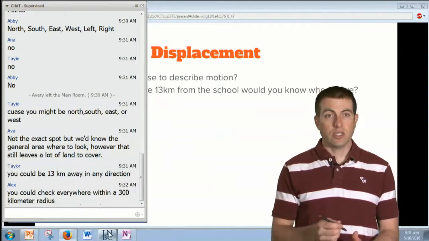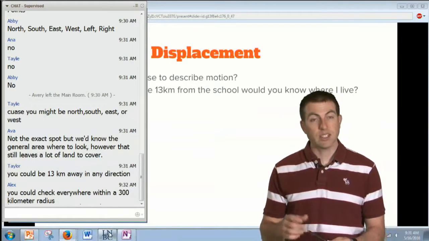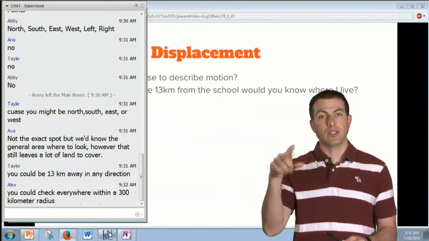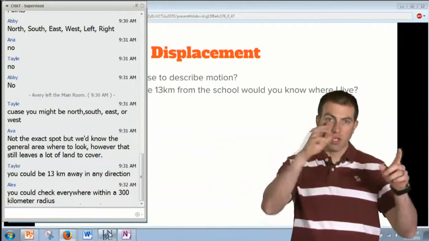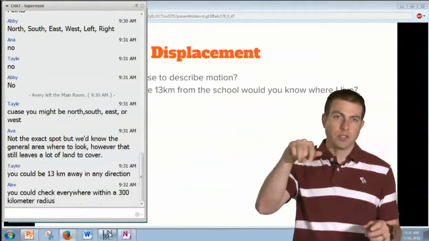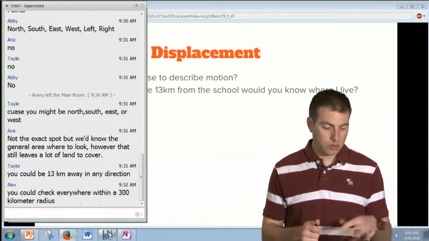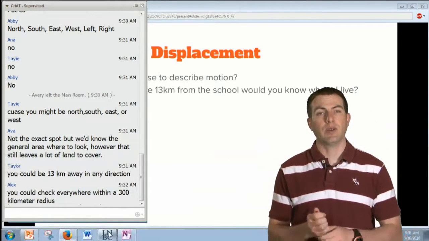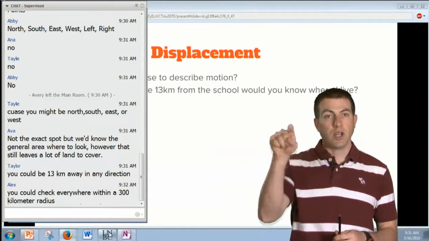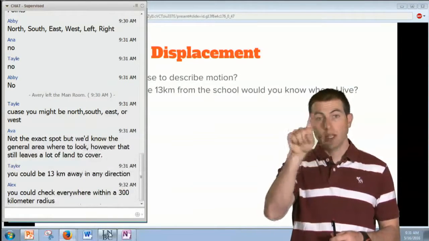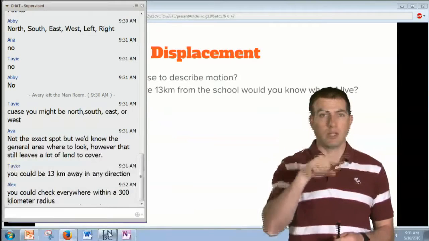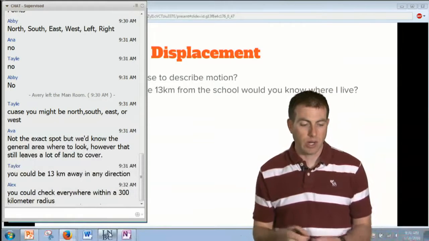So you could, Alex, and that gets back to, remember we did triangulation with earthquakes. If you have 3 spheres or circles, where those 3 points intersect, that's where it is. So we're not actually going to do that, but you're exactly right. 13 kilometers is a radius around the school. My house has to be somewhere on that 13 kilometer circle, but you don't know exactly where.